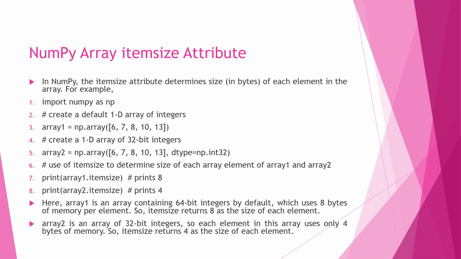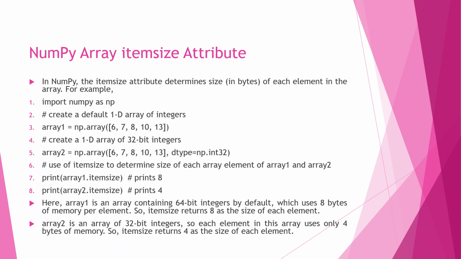The next attribute is the itemsize attribute. So first we have created a 1D array of integers, and then this 1D array of 32-bit integers will be printed, and the data type of this is 32-bit integer. So for each element it allocates 4 bytes in memory. The first one, array 1, is a 1-dimensional array of integers.